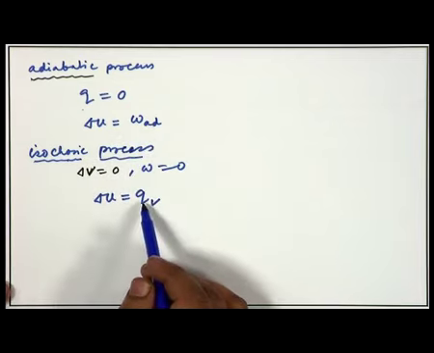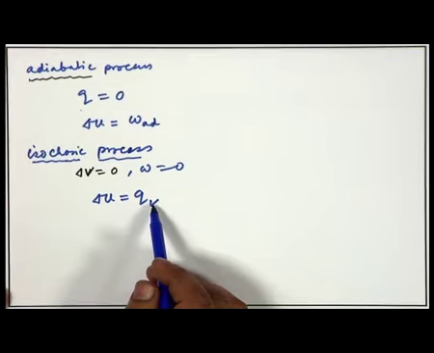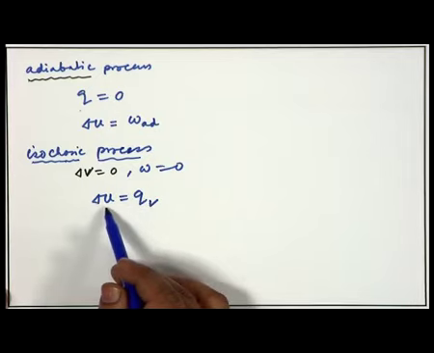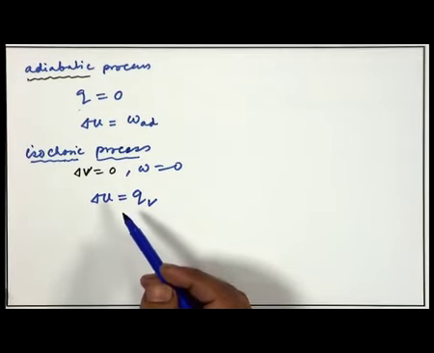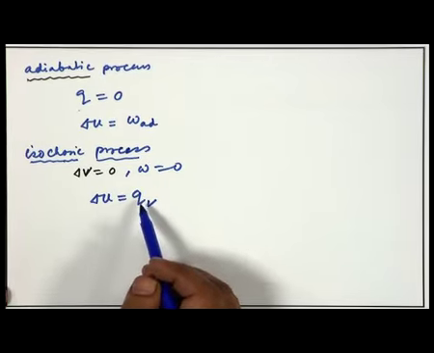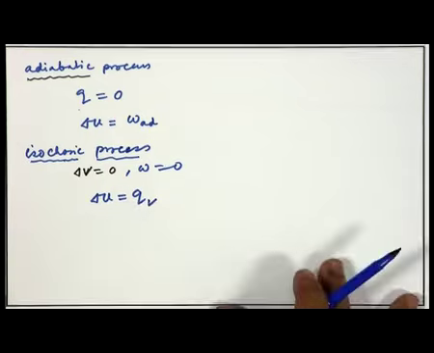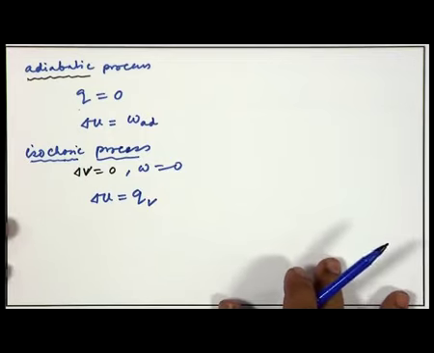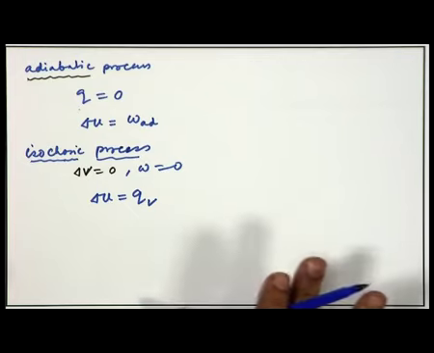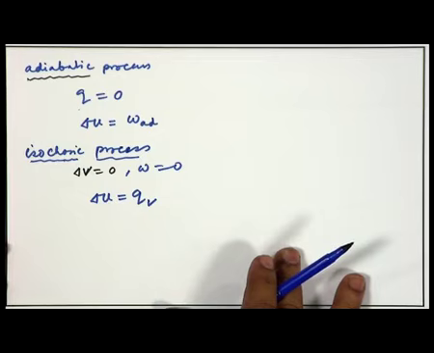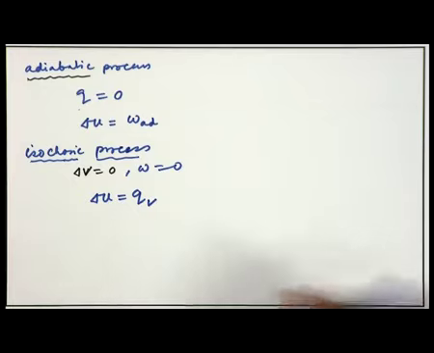Similarly, in this case Q for the process which happens at constant volume is equal to del U, and del U is a state variable or state function, which means Q in this case does not depend on path. So, Q in this case is a state function. So, remember that not in all cases are W and Q path functions. There are cases where W and Q could be state functions as well.